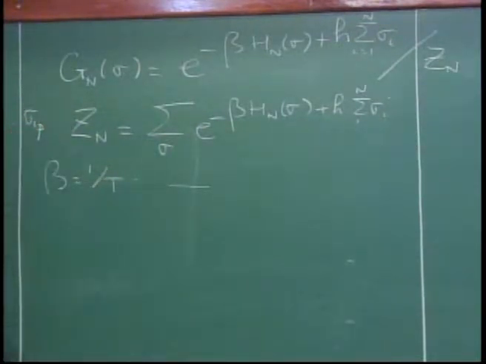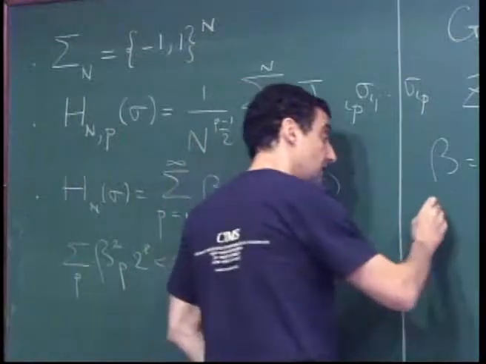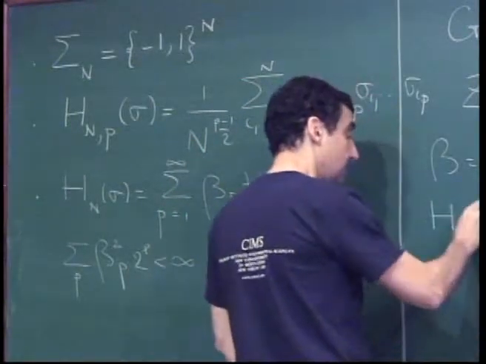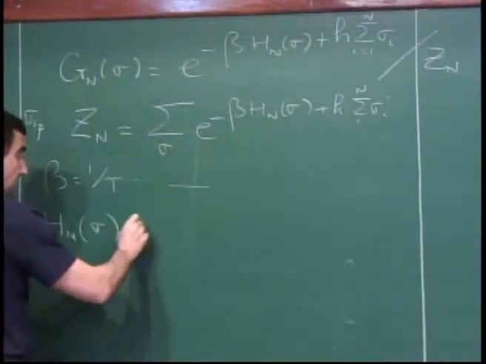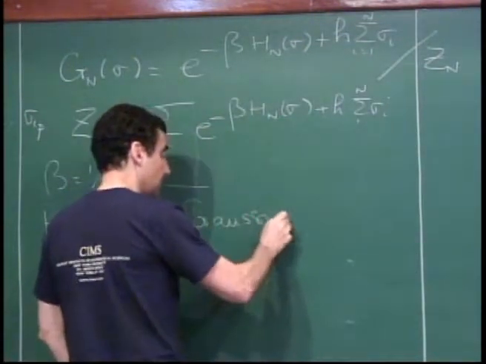Remember that when you look at this, that's one way to see the Hamiltonian, but the really intrinsic way to see it is to say that H_n(sigma) is simply a Gaussian random function.